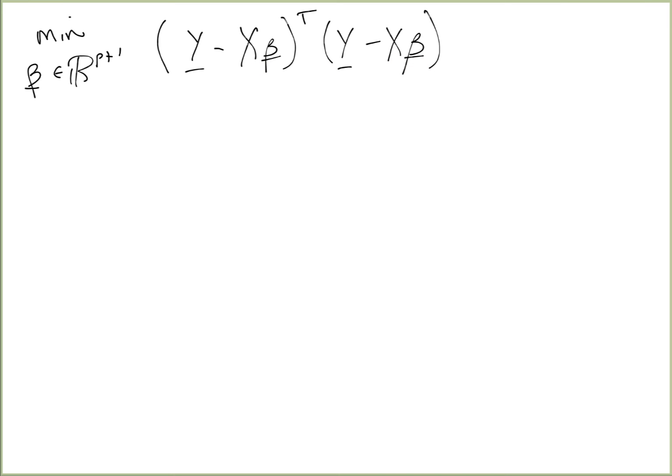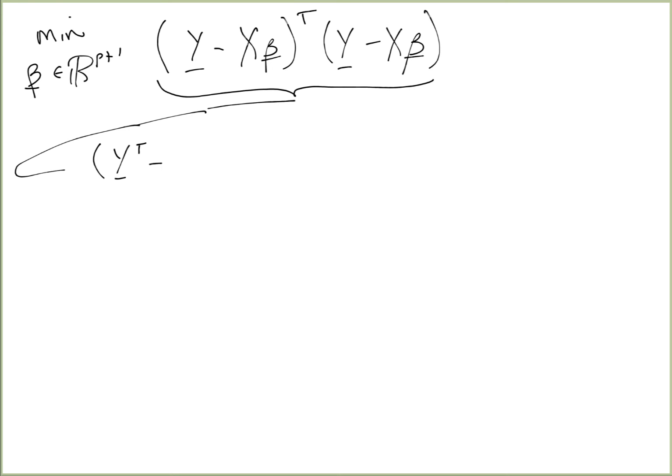And this sets us up nicely because we can rewrite this. So first we know we can distribute the transpose in the first term, and so we get (y transpose minus beta transpose X transpose) times (y minus X beta). And we can then FOIL out this expression.